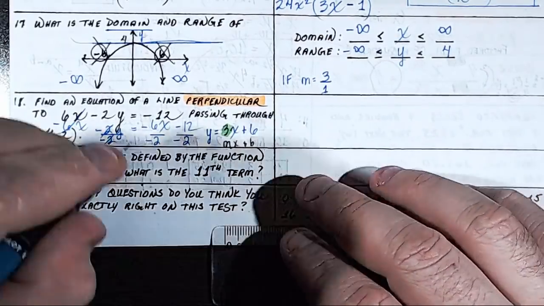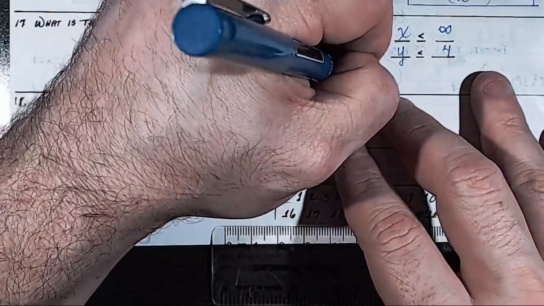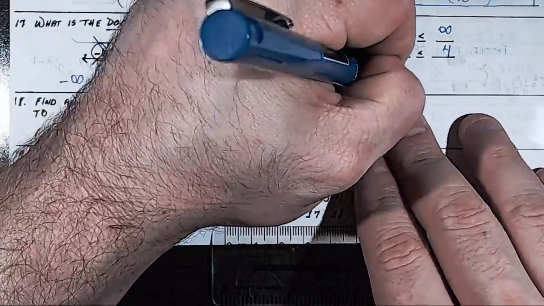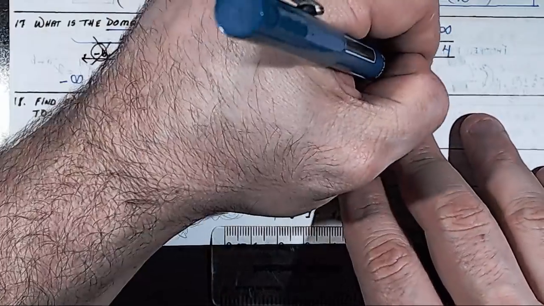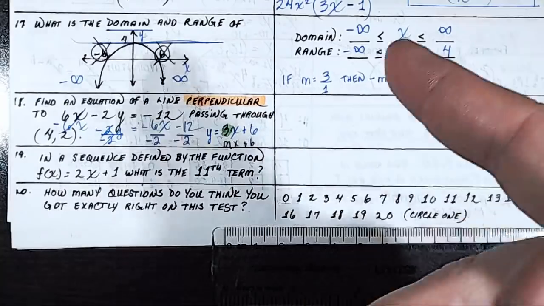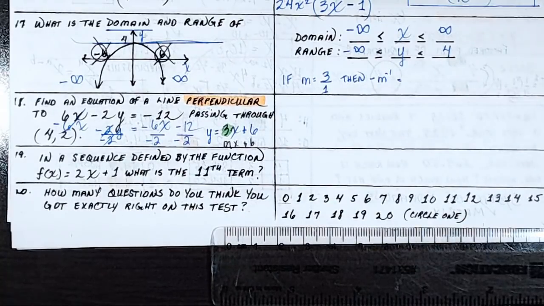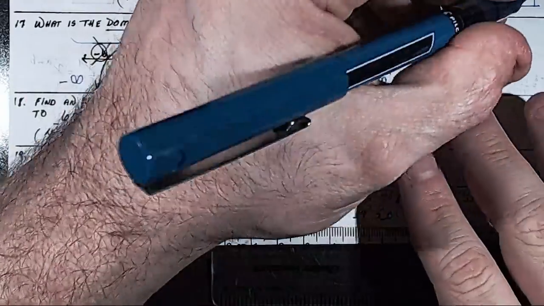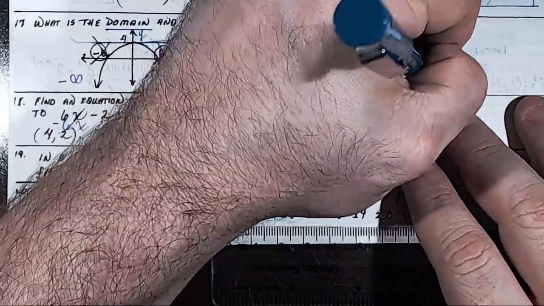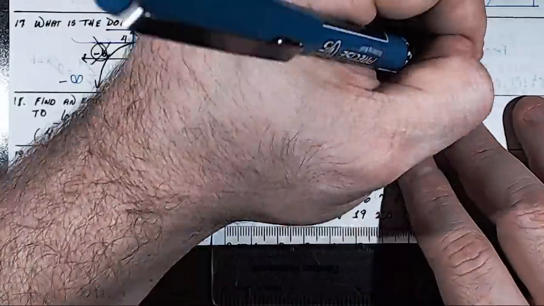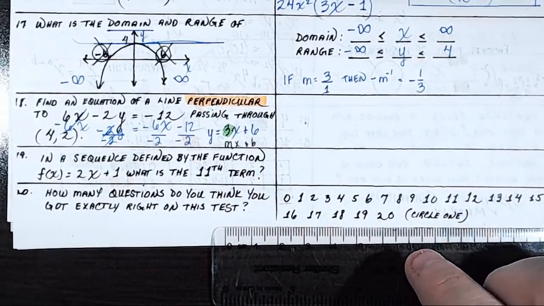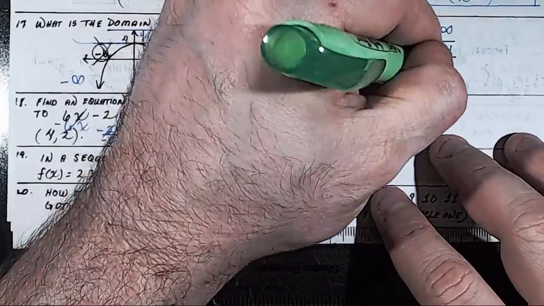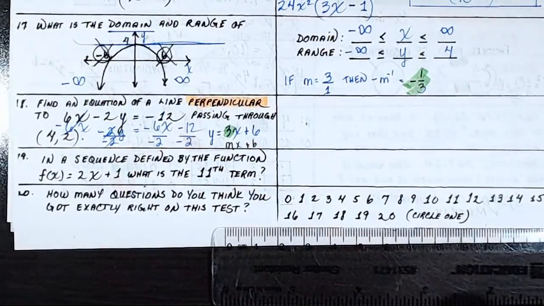If m equals 3, then the negative reciprocal of m equals flip, and change the sign. Flip and change the sign. Just do it without thinking. So 3 over 1 becomes 1 over 3, and change the sign. Put a negative. There it is. So the perpendicular slope to this is negative 1/3.